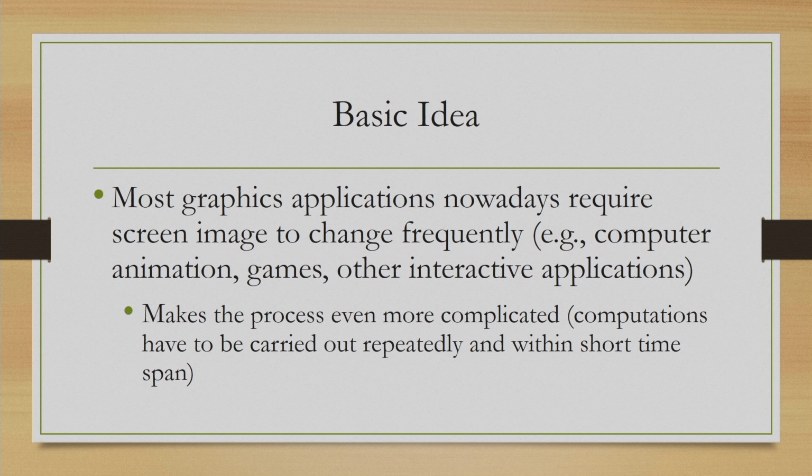Also, it is likely to take time. In practice, whenever we use some graphics applications, we may have noticed that the screen images change frequently. For example, if we are dealing with computer animation or computer games or any other interactive application, screen content changes at a very fast rate.